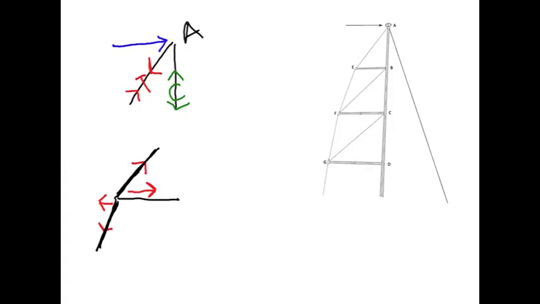So because this horizontal force is bigger than this one, at the moment we're out of balance by a net force going in this direction, which, to put the whole node into equilibrium, must be resisted by compression here in the horizontal member.